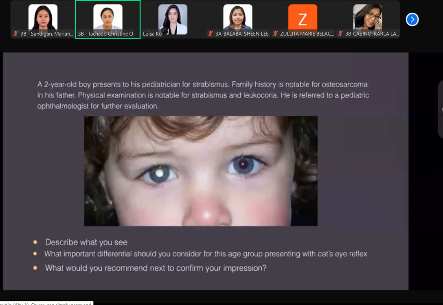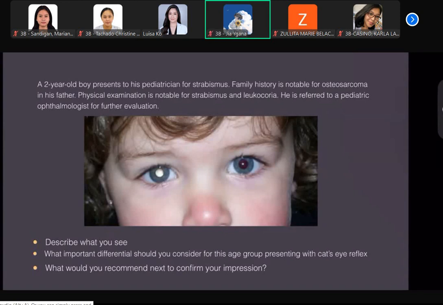MRI, Doc. Okay, you can also do an MRI. Very good. Anyone else? Fundoscopy, Doc. Yes, I agree. The easiest way to tell for sure is to do a simple fundoscopy. If you see a mass on the retina, refer right away.